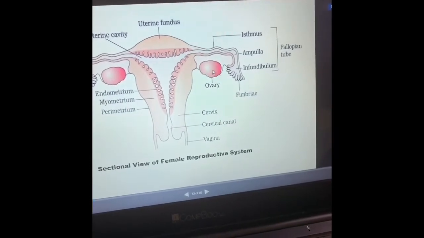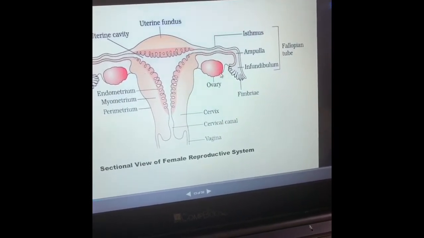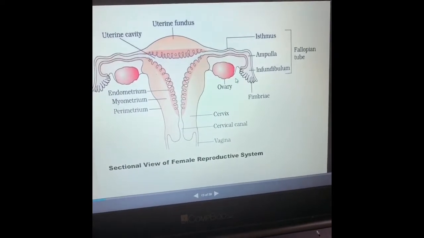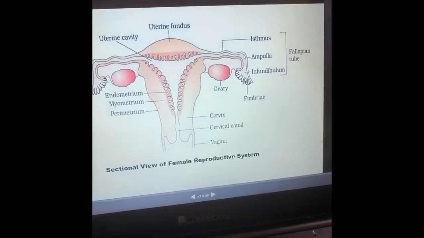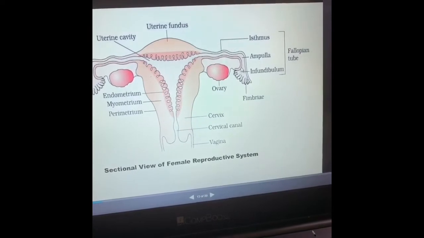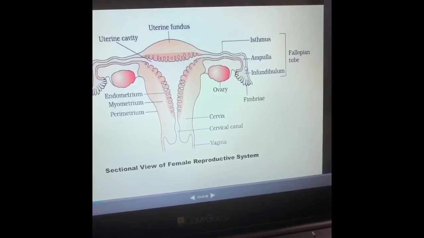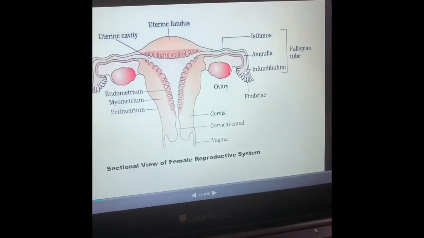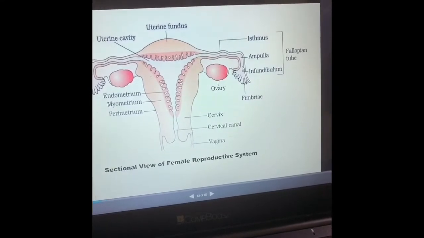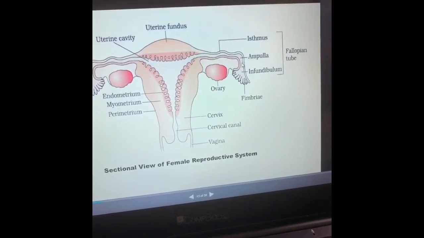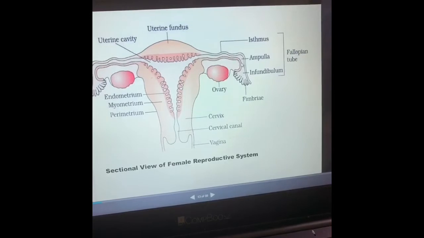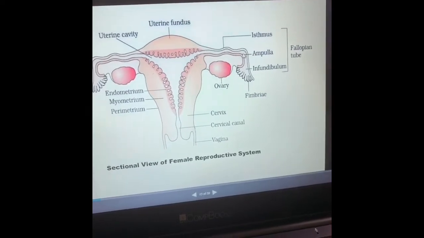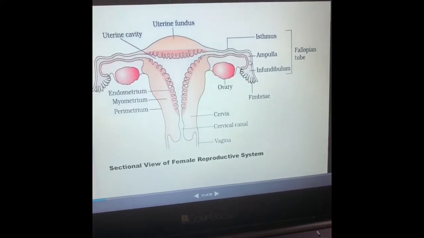So basically the ovary releases the follicle at a particular stage, and the fimbriae accept the follicle, and the egg cell moves in. It is not yet the egg cell, it is the follicle which starts moving, and the ampulla isthmus junction is the place where fertilization occurs.